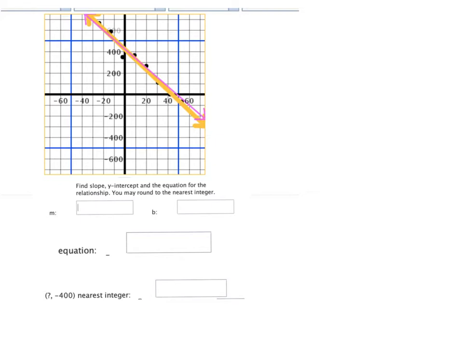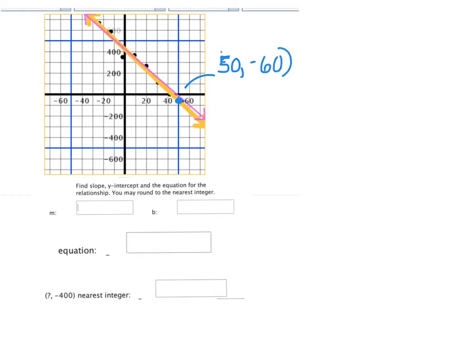So what you're going to do now is choose any 2 points that fall on that yellow line. I'm going to go with this point right here, which I'm exaggerating. I'm going to figure out what that is. As an ordered pair, this point is something like 50, and each square is 100, so it looks like maybe 50, negative 60.